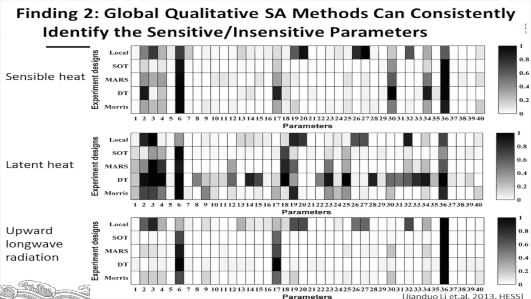And so this is another way, because we look at the sensible heat, we look at latent heat, we look at the upward and downward radiation. So the dark shade means the parameter is important, and the light shade means it's not important.